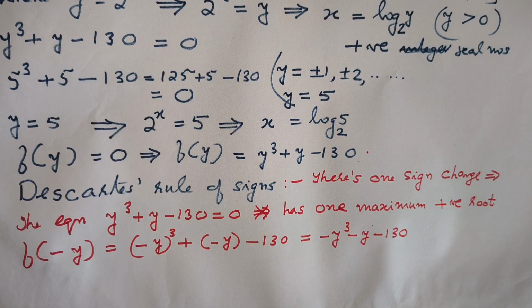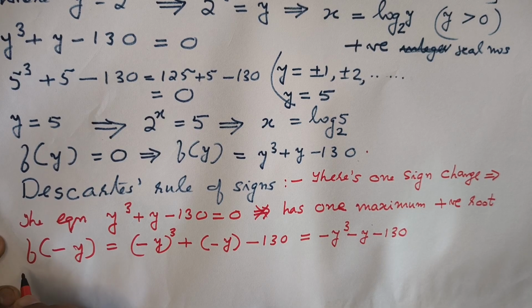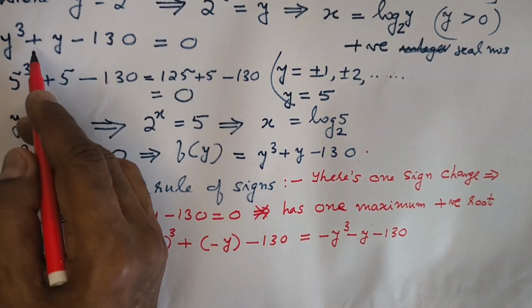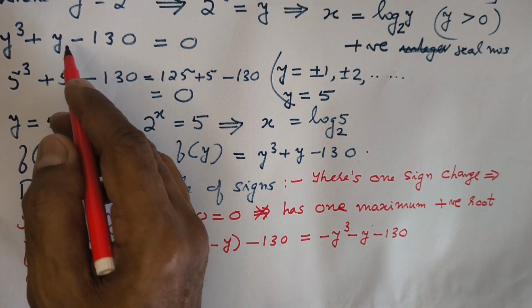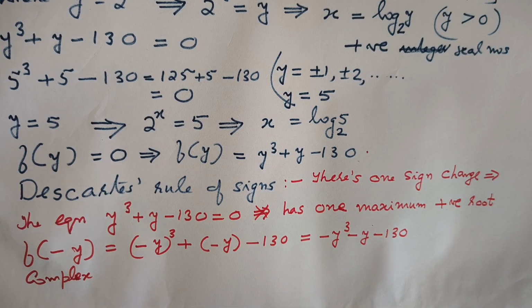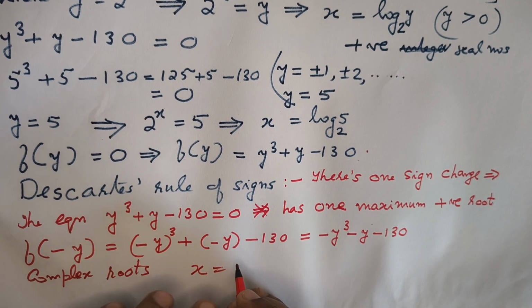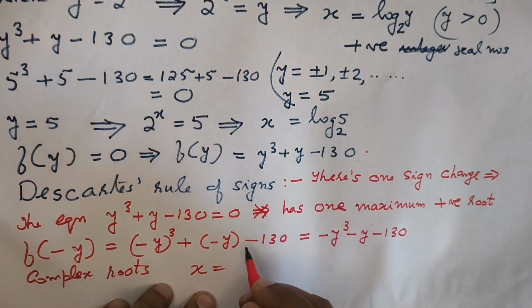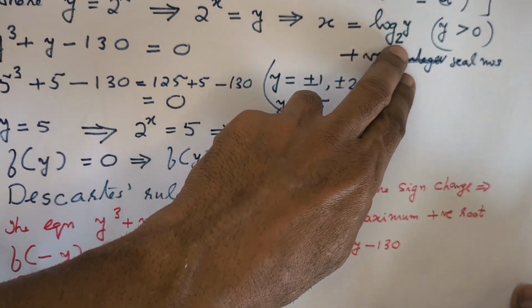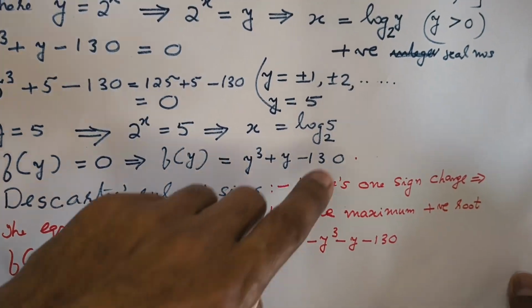So what about the other two roots? Definitely the other two roots are complex or imaginary. It has one positive real root and the other two roots are complex. And there is no point wasting your time finding those complex roots because ultimately x is equal to, we have shown that to be, x is log y to the base 2. Can you see that?